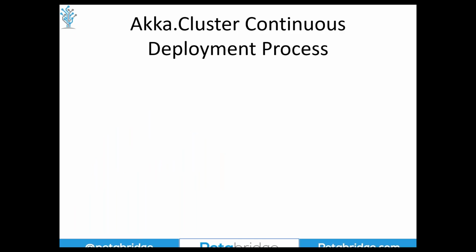Now, I'm going to show you the end-to-end delivery process here for Akka.Cluster continuous deployment. Every single time we want to do a deployment, we basically merge, and by the way, I'm going to do this in a public GitHub repository, and I'm going to show you a little demo of this at the very beginning here.